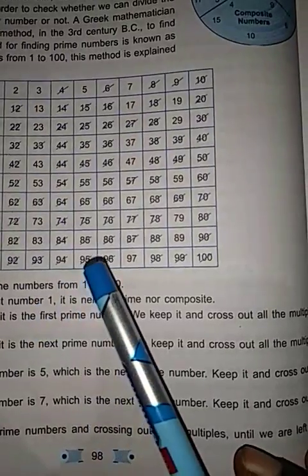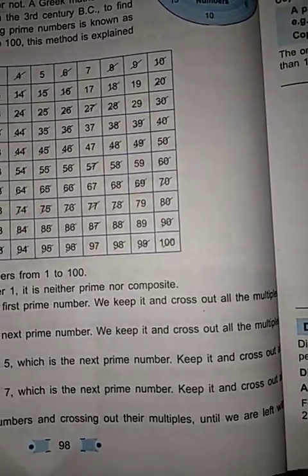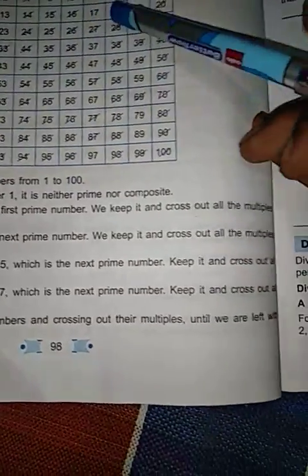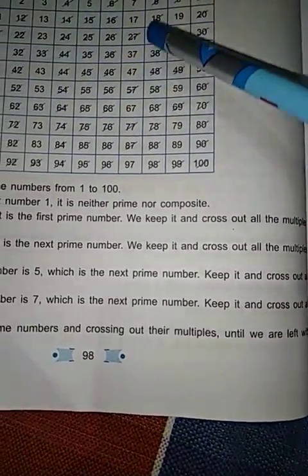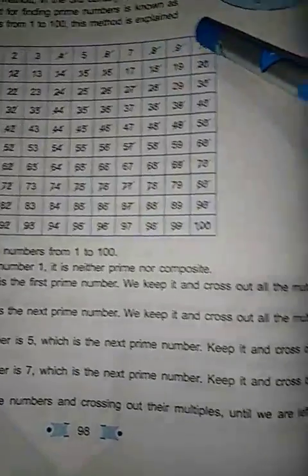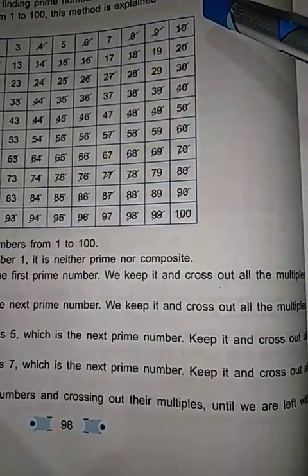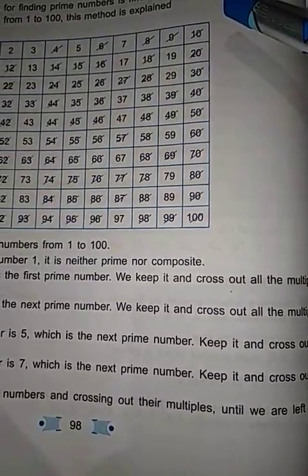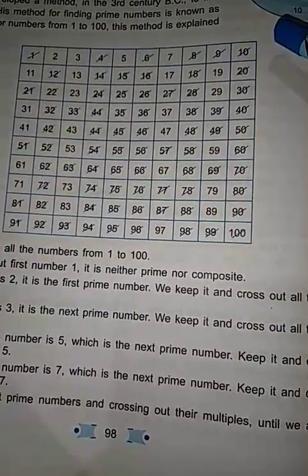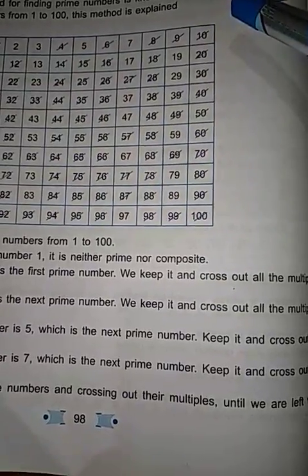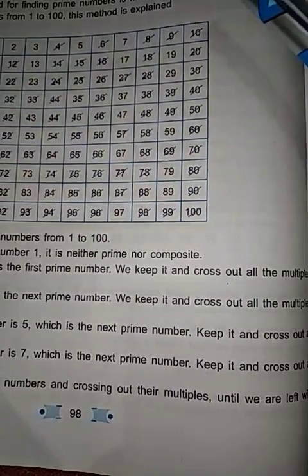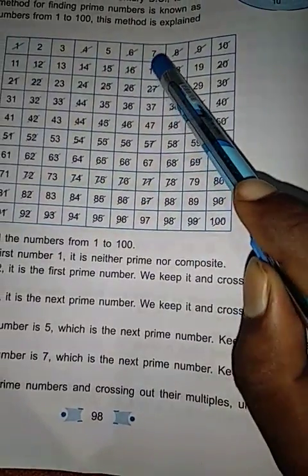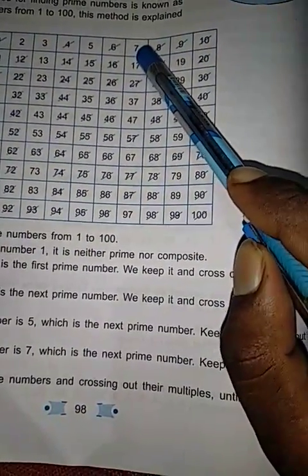Now the next uncrossed number is 5, which is a prime number. Keep it and cross out all the multiples of 5: 10, 15, 20, 25, 30, 35, 40, 45, 50, 55, 60, 65, 70, 75, 80, 85, 90, 95 and 100. The next uncrossed number is 7.